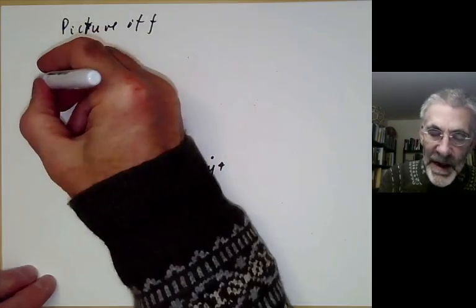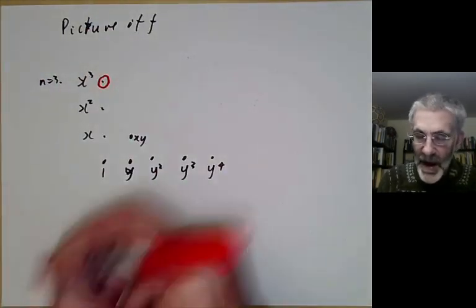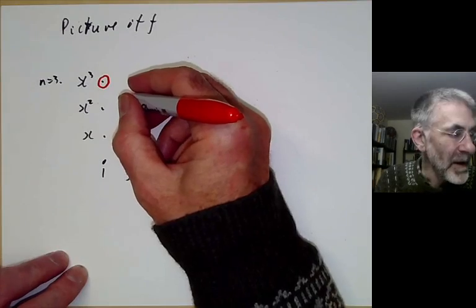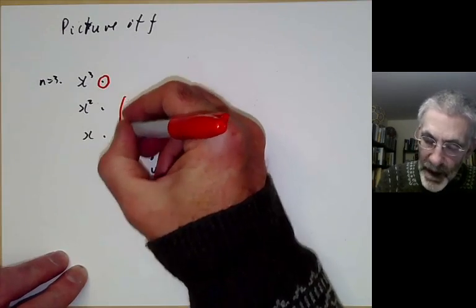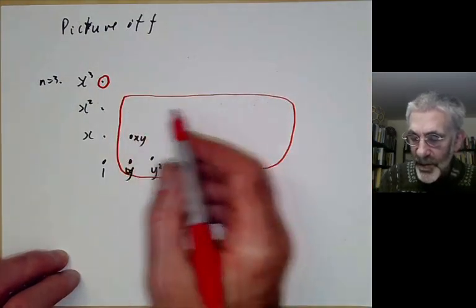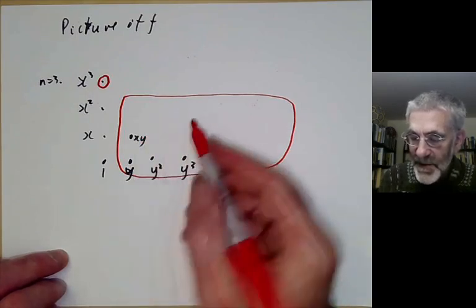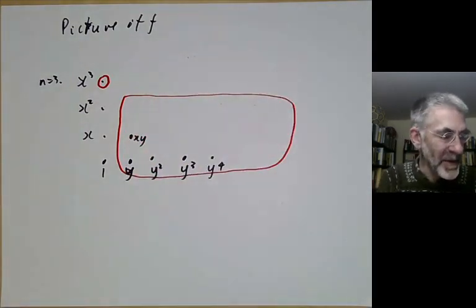So let's just put n equals 3 here. So this coefficient can be non-zero. And then it's got a lot of coefficients that are polynomials in x times something in y. So these coefficients can also be non-zero.